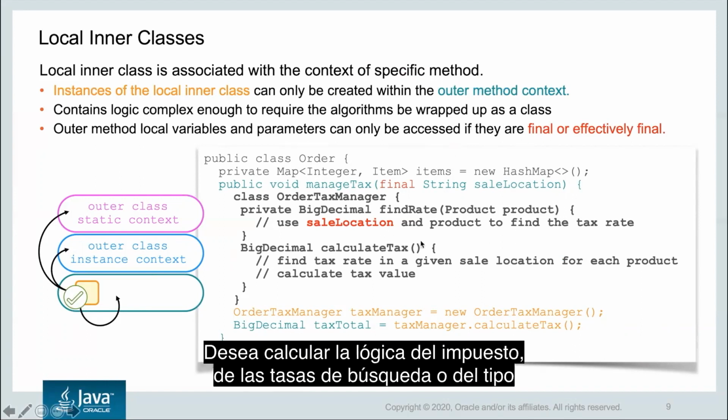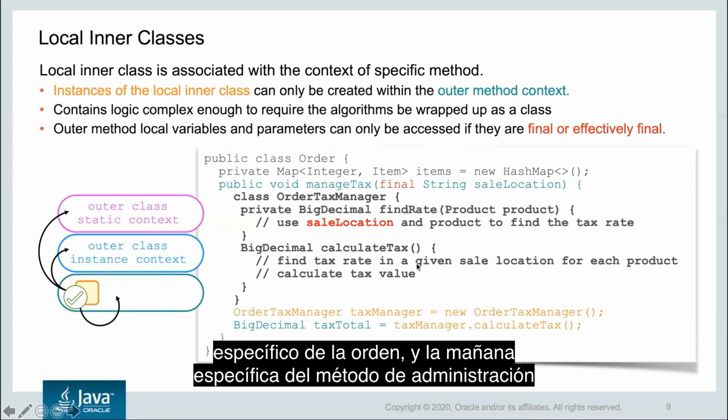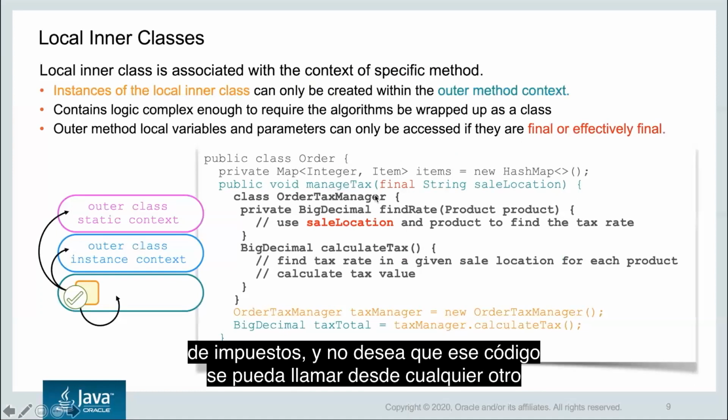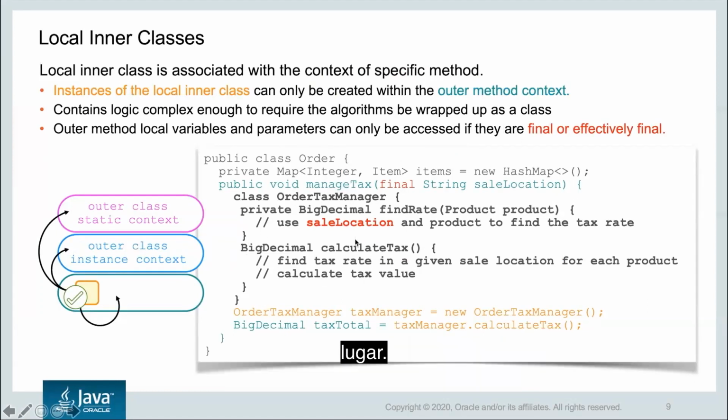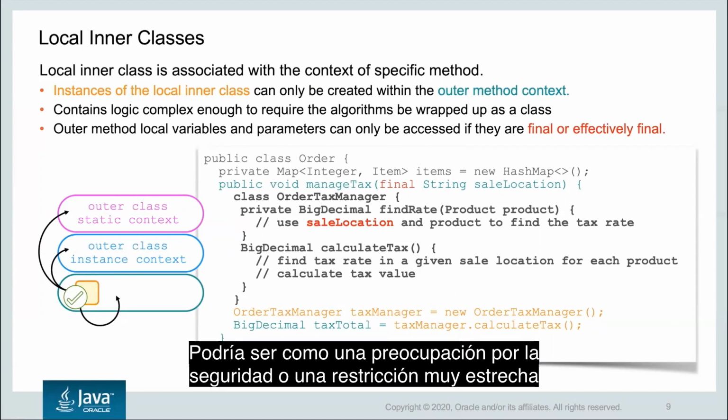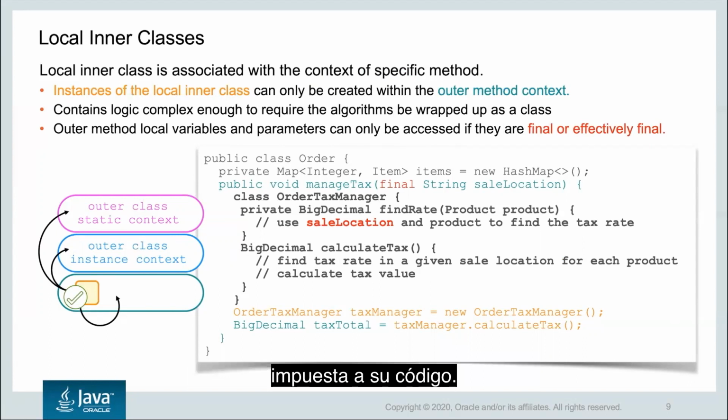You want that logic of calculating tax or finding rates or whatever to be specific to the order and moreover specific to the manage tax method, and you don't want that code to be callable from anywhere else. It might be like a security concern or a very tight restriction imposed upon your code.